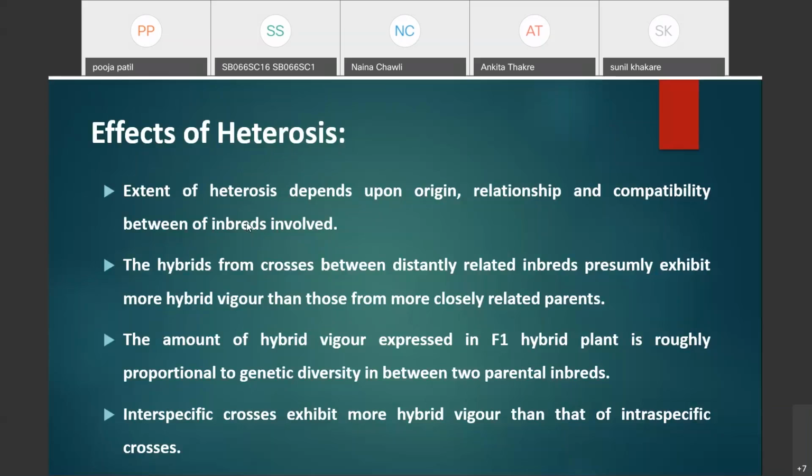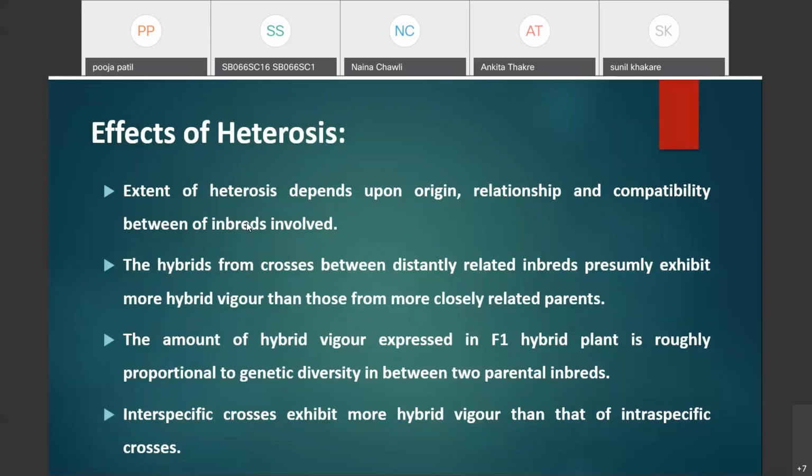Just like that, in plants this phenomenon is used. The hybrids from crosses between distantly related inbreds, which have different genetic constitutions, presumably exhibit more hybrid vigor than those from more closely related parents.